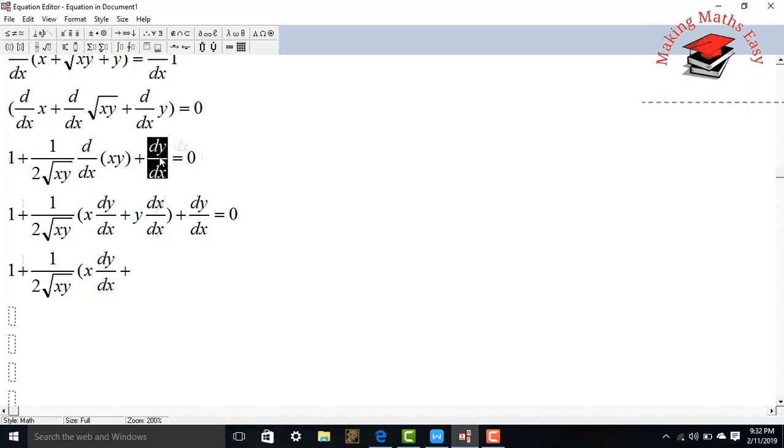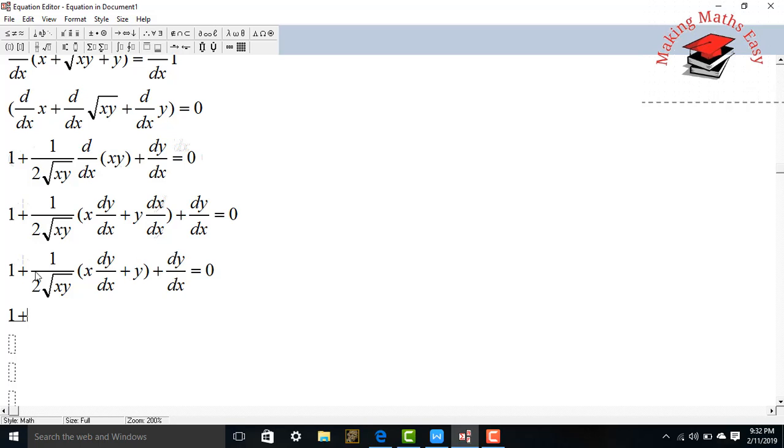The derivative of y will be 1 into dy by dx, so the same I have taken over here, plus y into the derivative of x. The derivative of x with respect to x will be 1, so there is no change. So plus dy by dx, which is ultimately equal to 0 in this case.